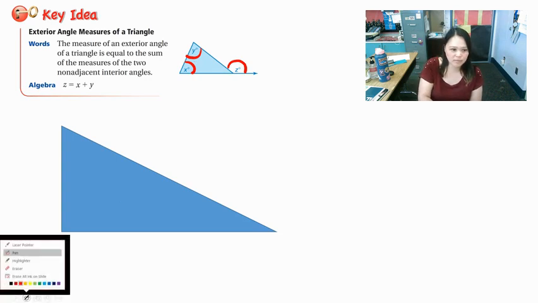So we are solving for this. We are going to have an expression where the two interior angles are going to be equal to the exterior angle.